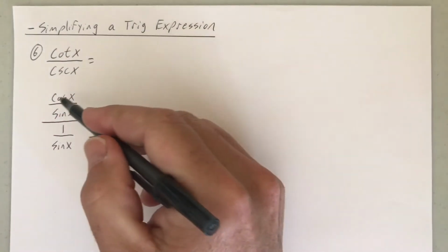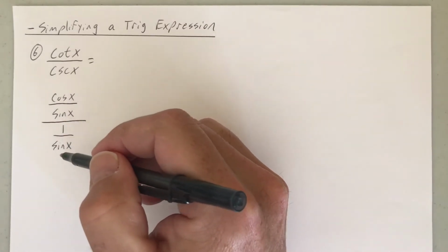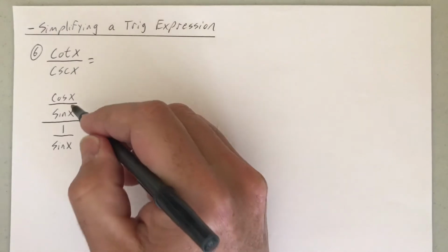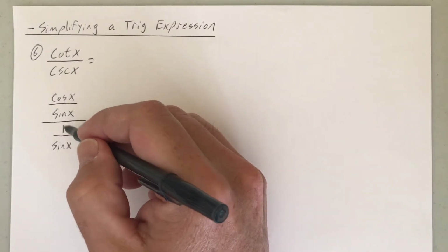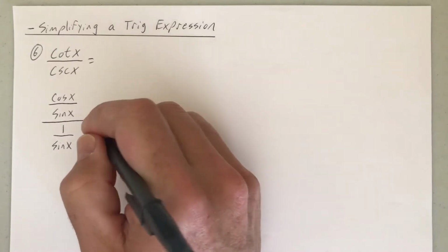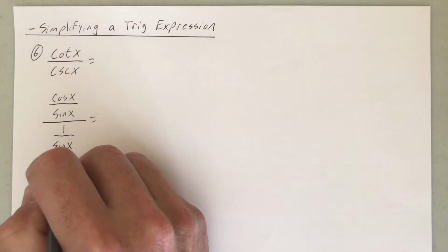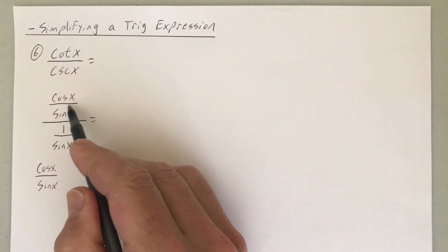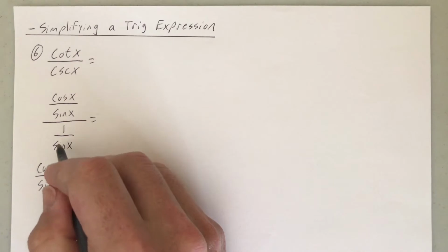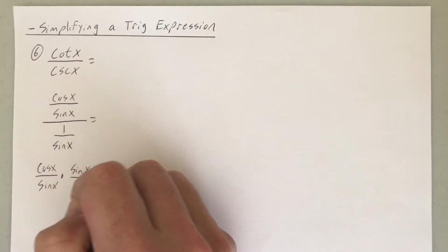So now I have a complex fraction here. I have cosine over sine divided by 1 over sine x. Well, what can I do? Remember, if you're dividing fractions, I can flip the second and multiply. So then this would become cosine x over sine x, my top one right here, times sine x over 1.